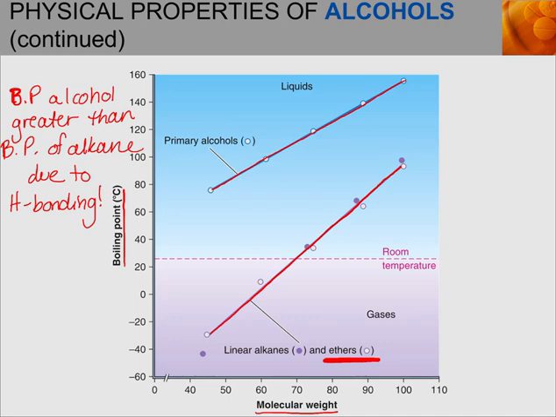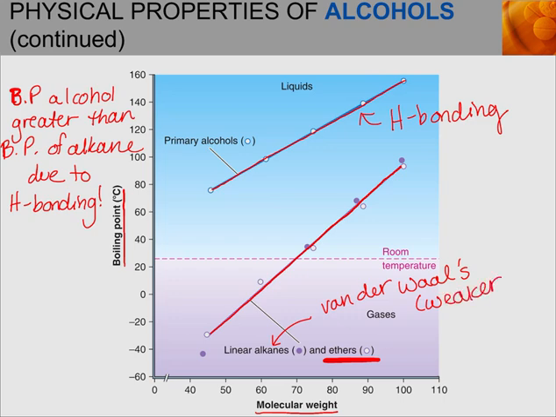So alcohols have H bonding, but alkanes don't. They just have those London dispersion or van der Waals forces, which are weaker forces. So can you guess what type of force ethers have? So if ethers have similar boiling points to alkanes, do we think that they have van der Waals forces or hydrogen bonding forces? Probably van der Waals forces, but we'll talk about that more later.